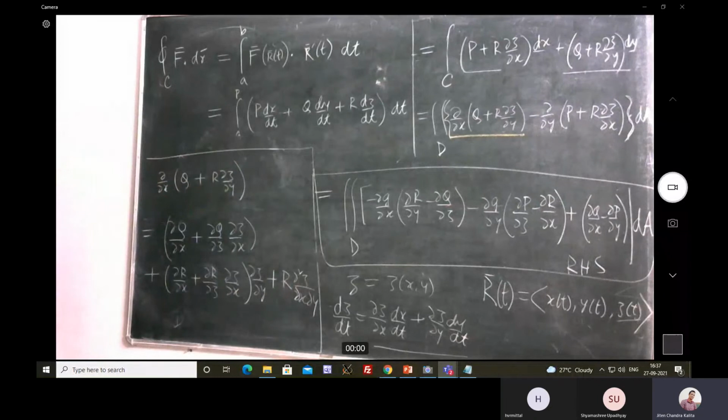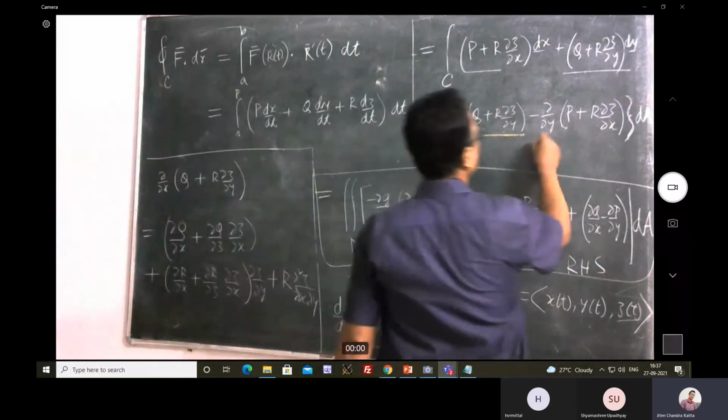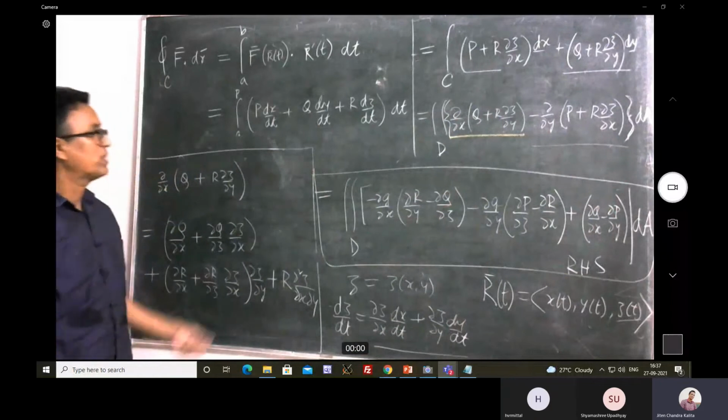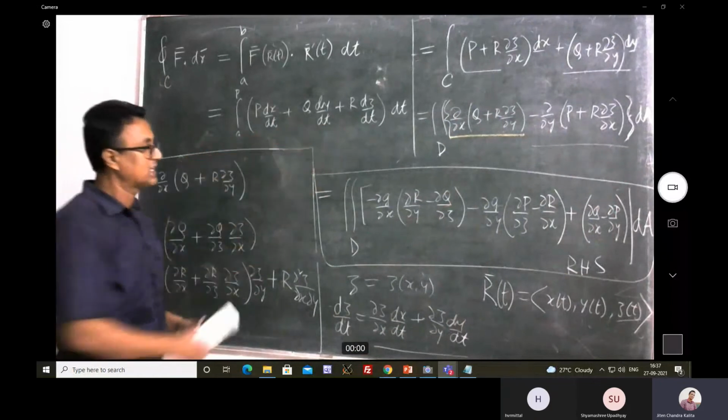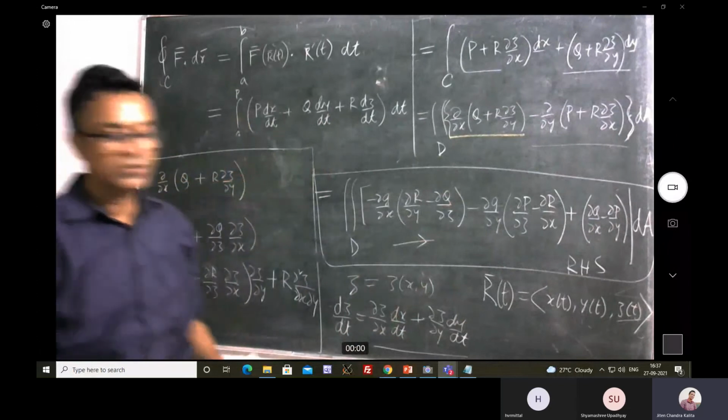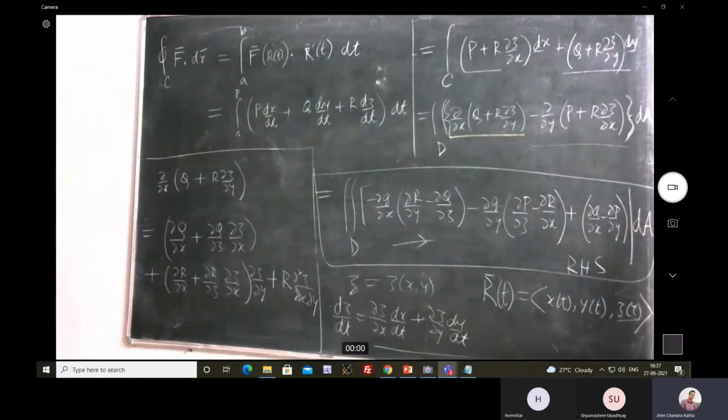Okay. So now similarly from here also you can get it, and eventually once you simplify that, that is going to give you simply the right hand side. Okay, so that you can easily do.